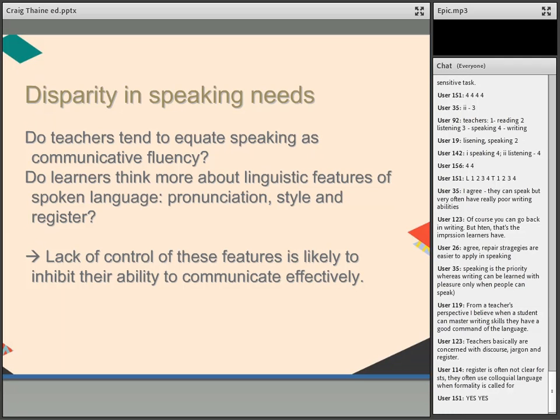So I think that they felt that lack of control of these linguistic features affected their ability to communicate in a negative way, and therefore they saw speaking as being more of a challenge than perhaps the teachers did. So that was quite interesting, this disparity in speaking skill needs.